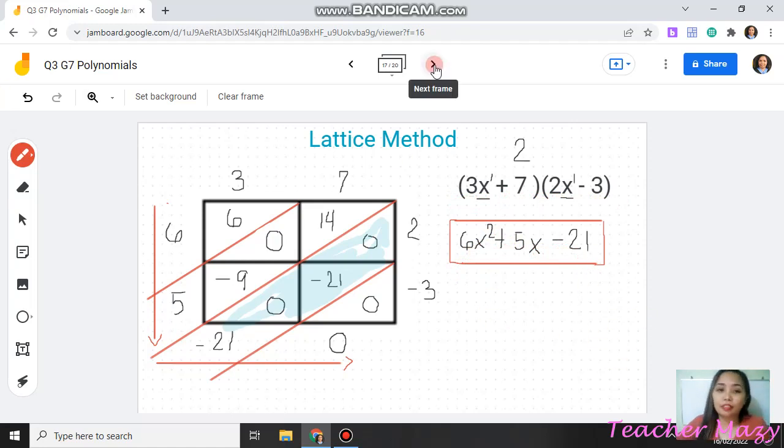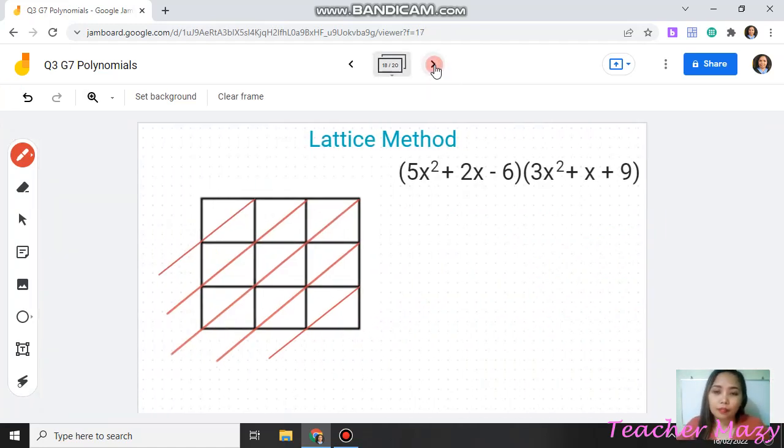So let's have another given. This time, we have 3 terms for each factor. We have 5x squared plus 2x minus 6, and the other one is 3x squared plus x plus 9.